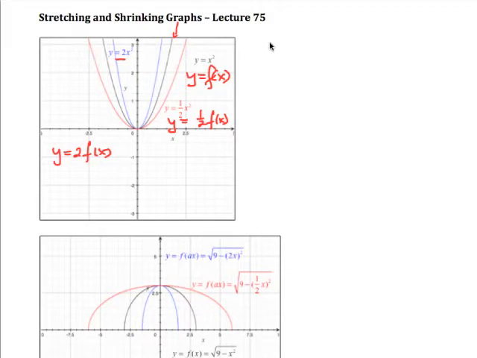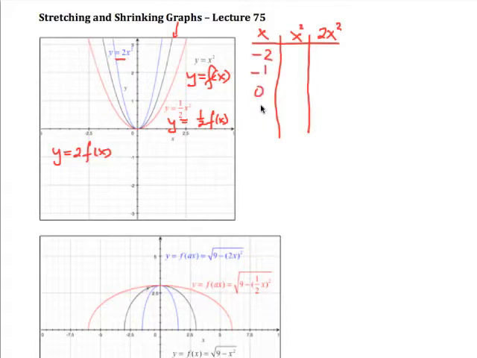All right, now if we pick a few points, and we'll look at the squaring function itself, and we'll choose some x points, and then we'll look at what happens to 2x squared. So let's pick some values: -2, -1, 0, 1, 2. When we square it, of course, we get 4, 1, 0, 1, 4. Now what happens if we have 2x squared?